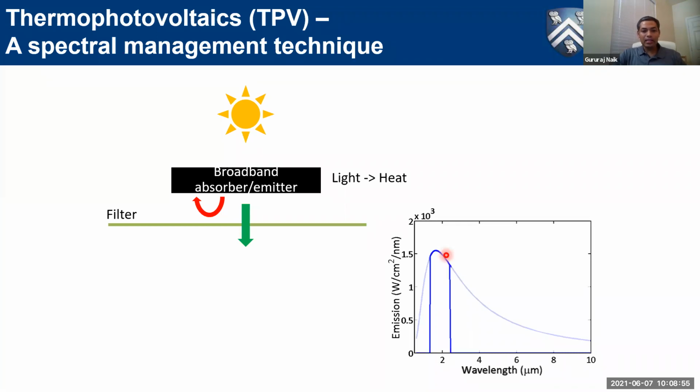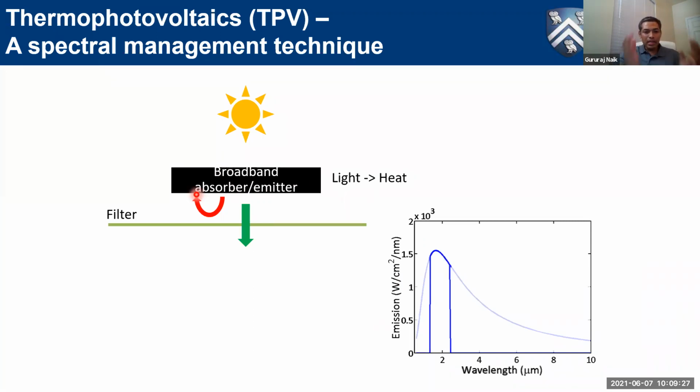So the filter has this kind of idealized property. If the photon emitted from this black body happens to be in the small bandwidth, okay, this is the pass band of the filter, within this small spectral window the photon would be let go out. But if the photon energy is anywhere outside of this pass band, the photon would be perfectly reflected and sent back to the black body. And the black body would just absorb it, right?